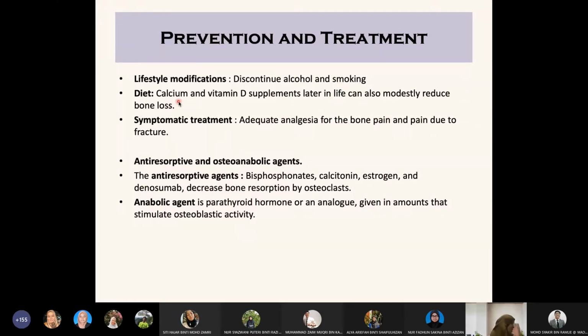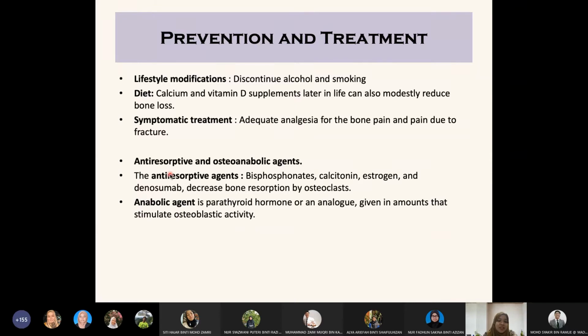So you need to have good lifestyle modification, discontinue alcohol and smoking, and have a good diet. Make sure the calcium and vitamin D are sufficient, and if the patient has symptoms, they will be given adequate analgesia for the pain, painkillers.